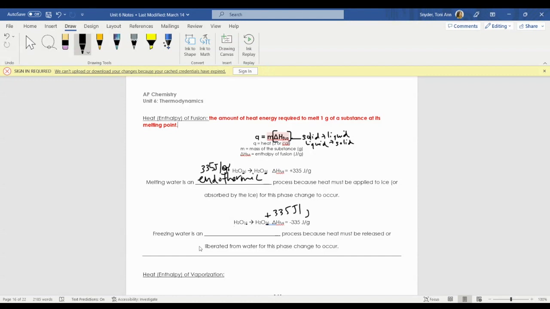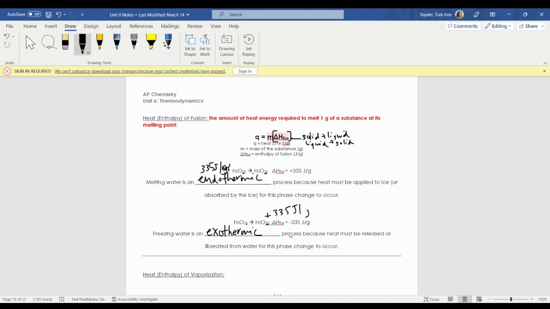So freezing water is an example of an exothermic process. And that's because heat must be released in order for this reaction to occur. This is how we would calculate enthalpy of fusion, or how much heat is required to melt or to solidify something. We would use this equation here.